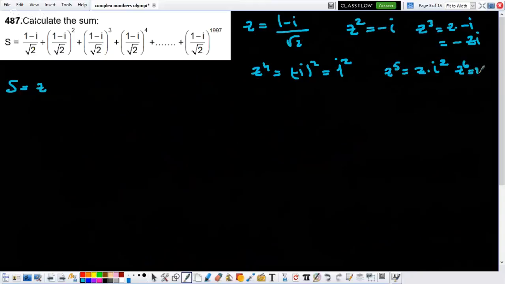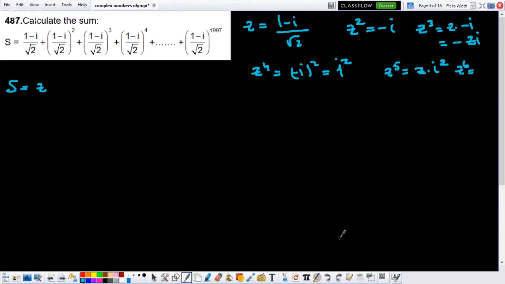z to the power of 6. z to the power of 5 is equal to z times i squared.